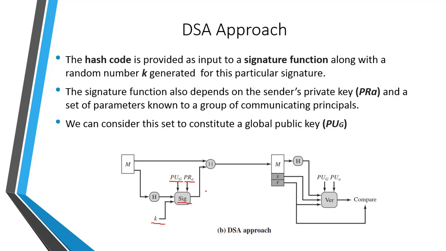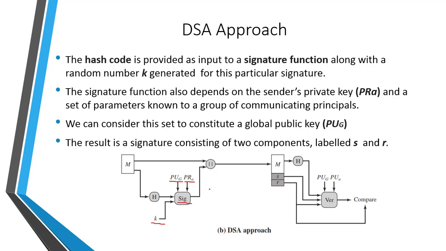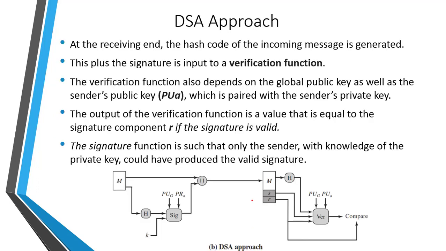The result of the signature function is two components, S and R, which are concatenated with the original message and transmitted to the receiver. At the receiving end, the hash code of the incoming message is calculated. This is given as an input to the verification function.